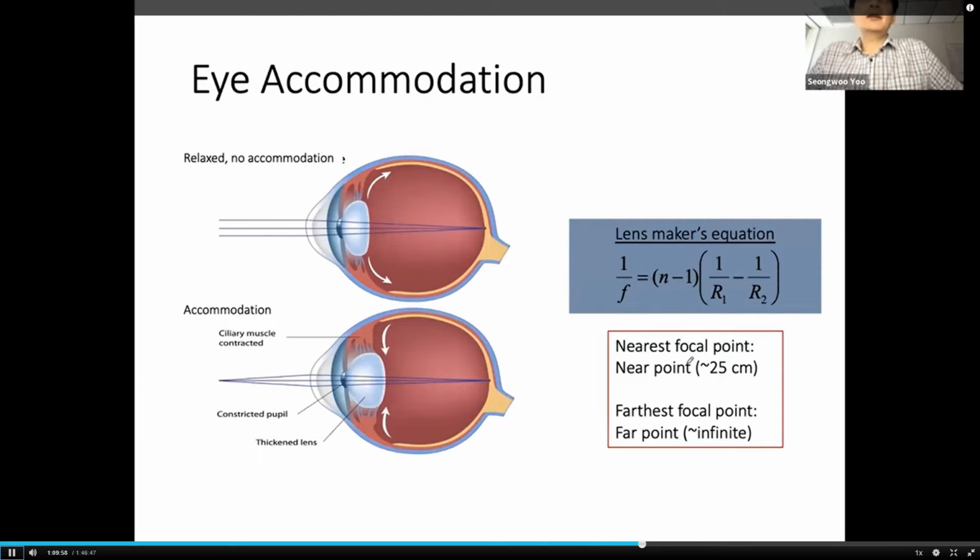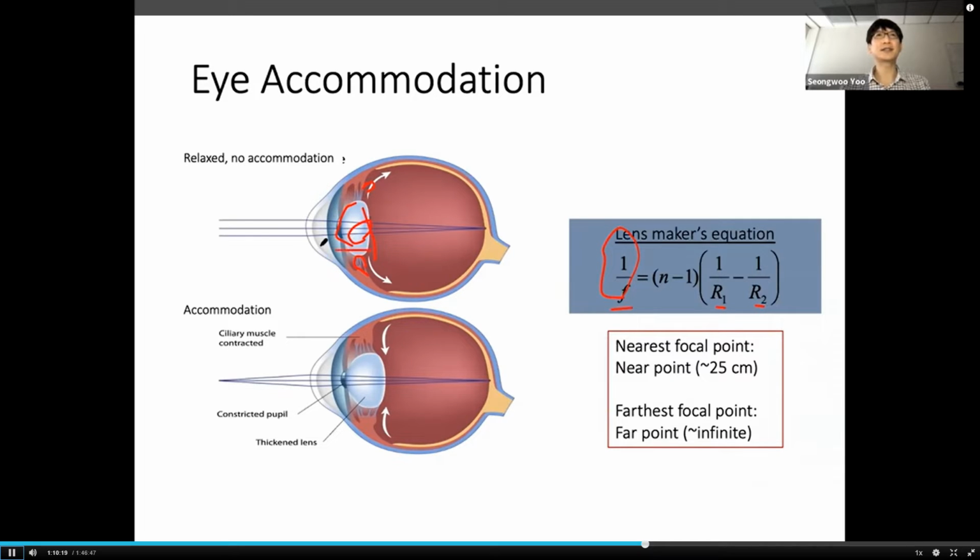Now, let me talk about the next topic, which is eye accommodation. Our eye lens is attached to muscle, therefore its two curvatures can be adjusted. If you look at the lens maker's equation, depending on the radii of curvature, your focal length can be adjusted.